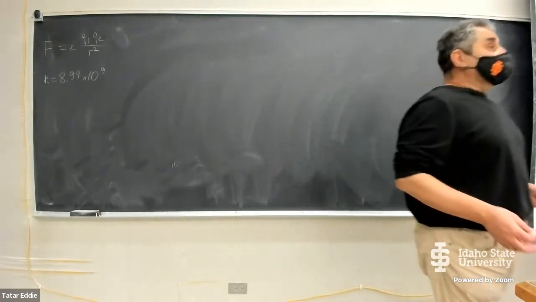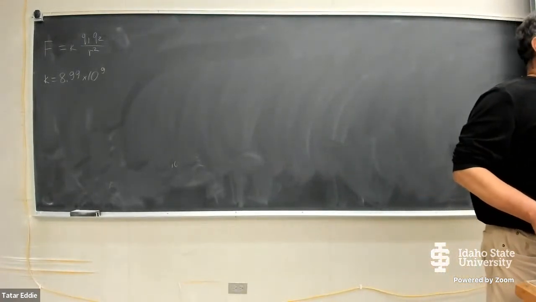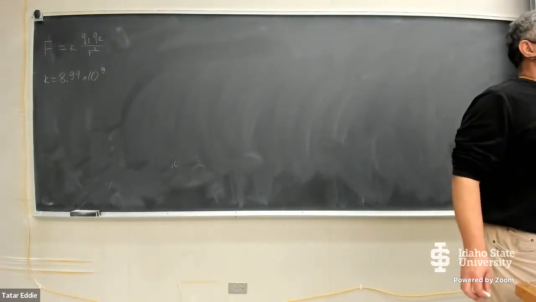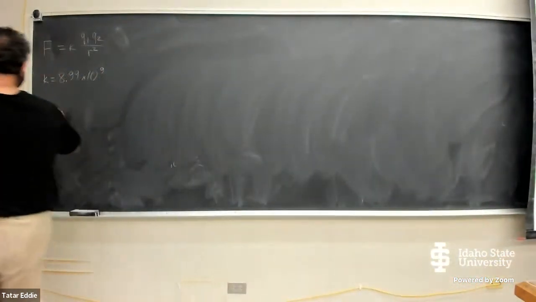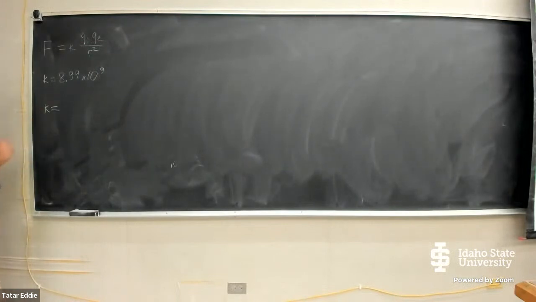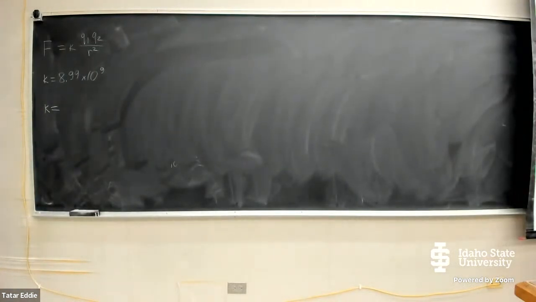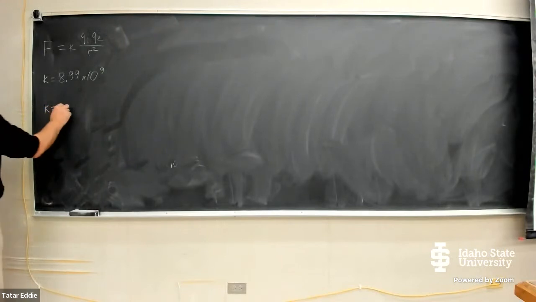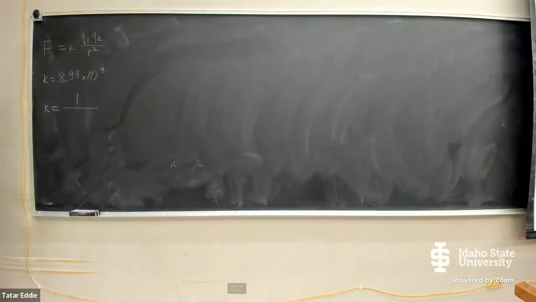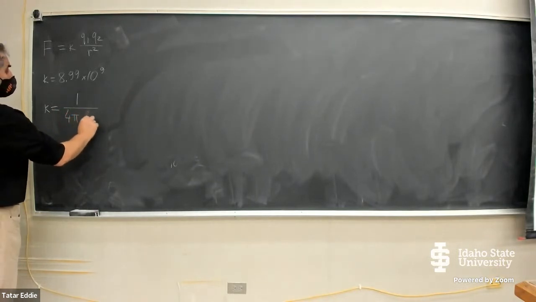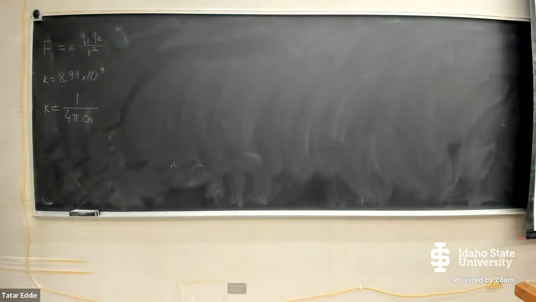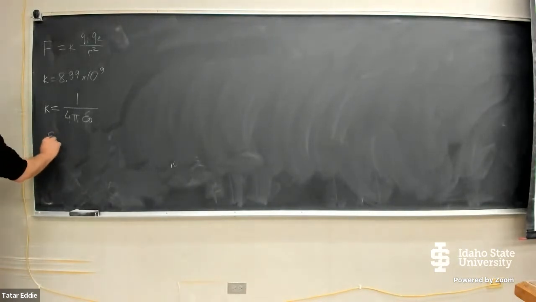We're going to discover later on that it is convenient to represent this constant of proportionality in alternative forms. So the constant of proportionality K should be written traditionally as 1 over 4 pi epsilon naught, where epsilon naught again has numerical value.